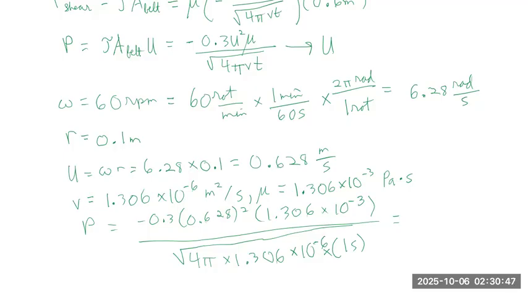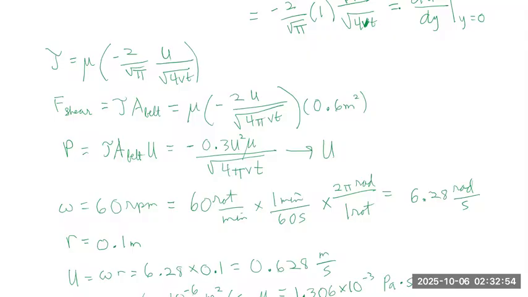Let's calculate this out again. Another error I made was in this step. Actually, it's 0.6 times 2. So it should be negative 1.2 because we have 2 times 0.6.